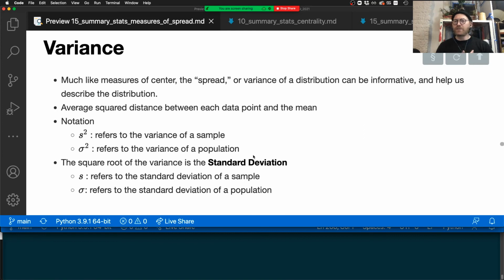With a 5-number summary, we don't know how many data points there are, and we don't really have a strong sense of the average distance between each data point and the mean. We could get a clumping together around Q1 and Q3, right? And that wouldn't really affect our metrics.